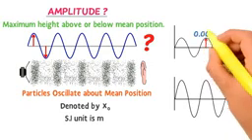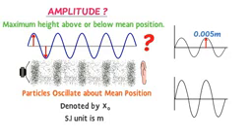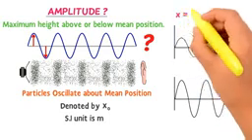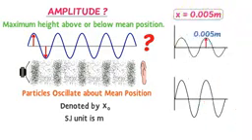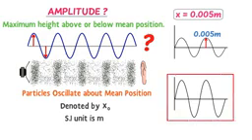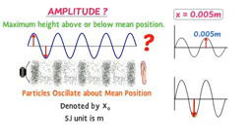0.005 meter. So the amplitude of this wave is x0 equal to 0.005 meter. Similarly, in this wave, to find its amplitude, we measure the length of this peak point from the mean position.